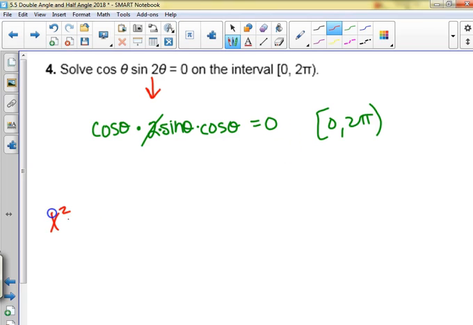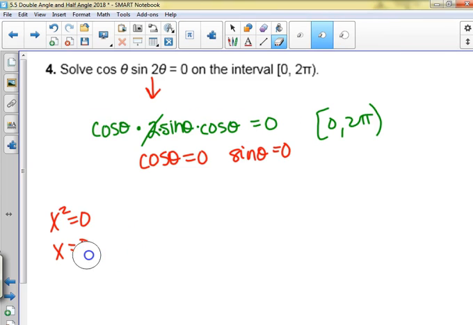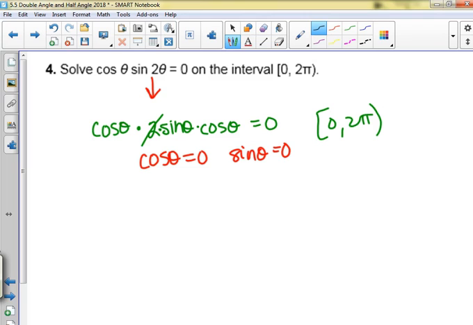If you have x squared equals 0 or x equals 0, that just means x has to be 0, right? Either one of those? Okay. So I have either the cosine is 0 or the sine is 0, because they all multiply to make 0. My good old take your turn being equal to 0 game. Where is that true? The cosine is 0 at pi over 2 and 3 pi over 2.